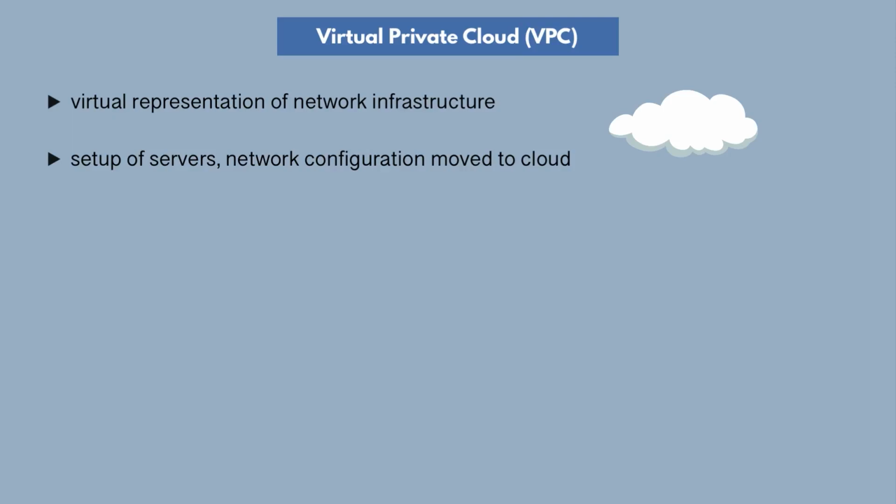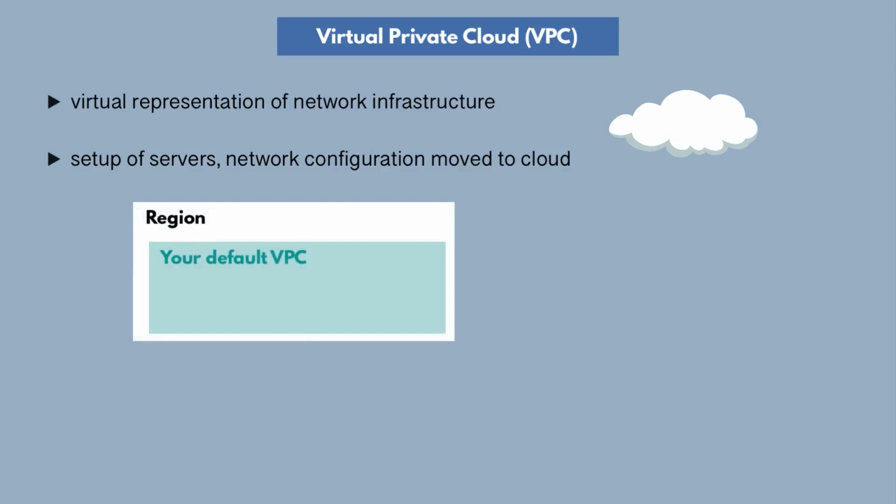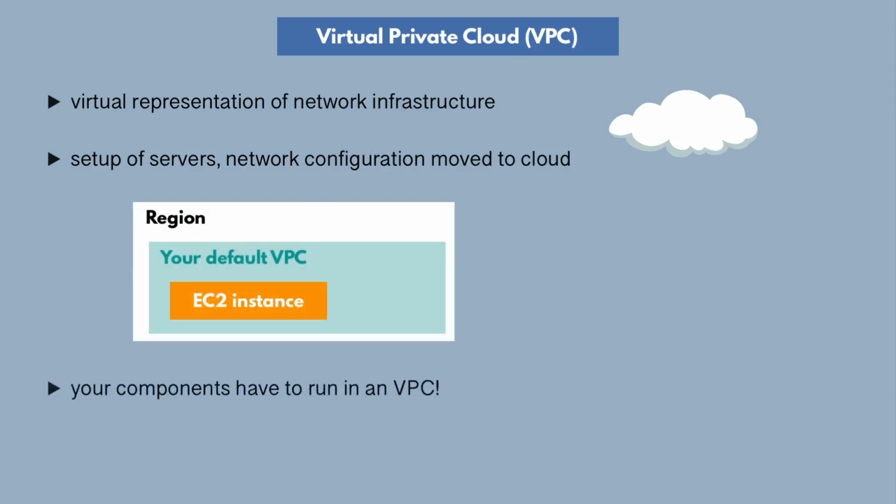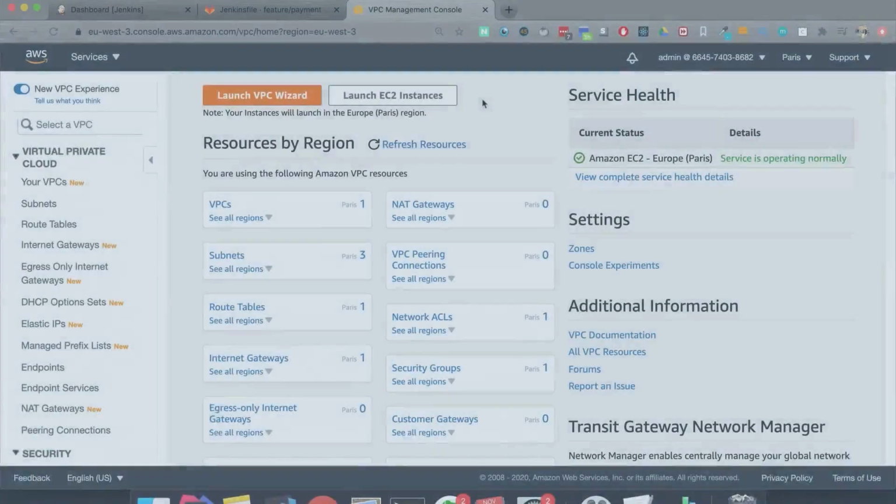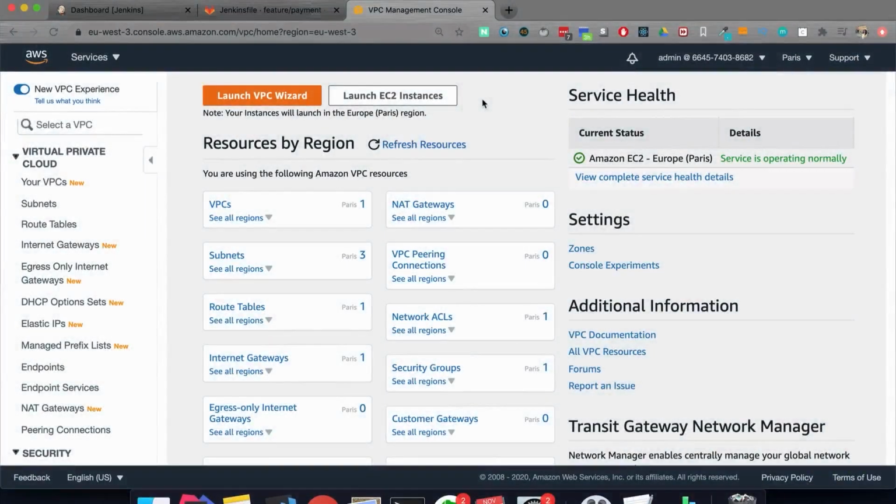And the reason why you have this default VPC in each region is that whenever you create an EC2 instance, or whatever component you're launching, it has to start inside a VPC. Another thing you see here is subnets. So we have 3 subnets, and subnets are subnetworks.